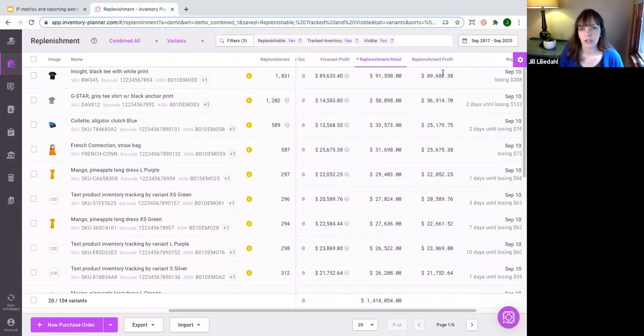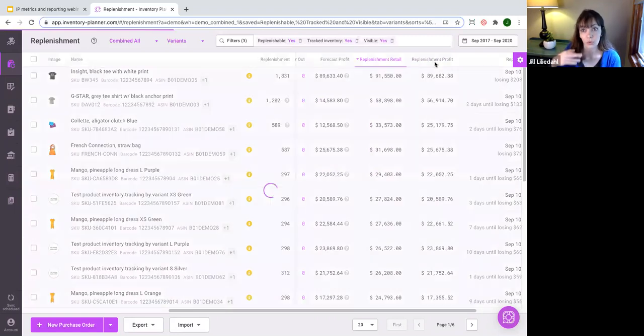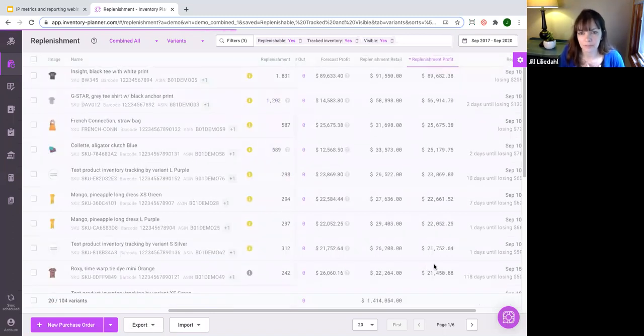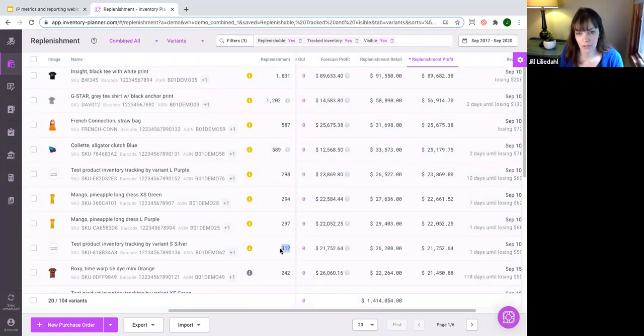So basically, we're taking the profit per unit and multiplying that by the number of units that we're recommended to purchase. So here's our profitability. So if we click on the column title here and sort, we will actually see that because items have different profitability, for example, here's an item that has 312 units that we're recommended to purchase.